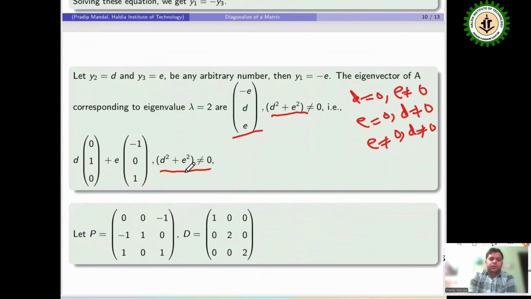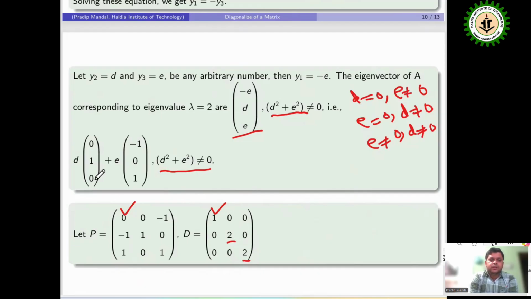Now, again we write down P and D. For P, first column, the first eigenvalue 1 in the first diagonal means the corresponding eigenvector is (0, minus 1, 1), where we simply put c equals 1. For eigenvalue 2, we write the two corresponding eigenvectors in the second column and third column.